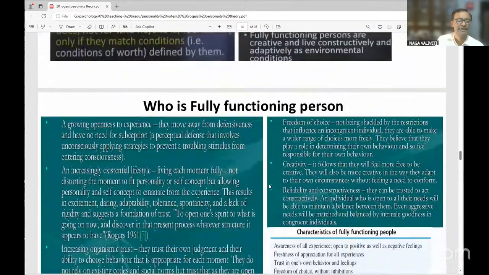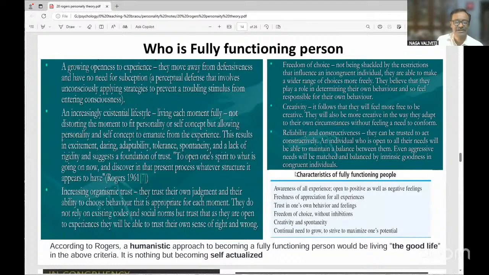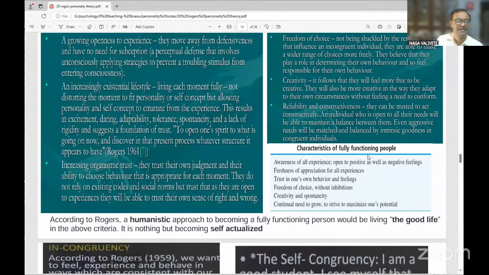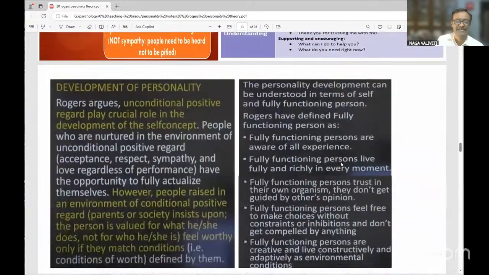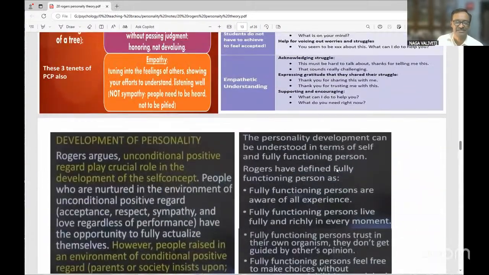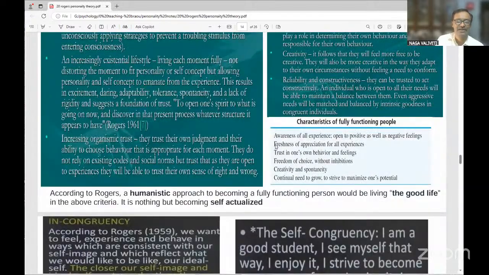Okay, coming to the fully functioning person, what are the characteristics? In brief, you become aware of all your experiences and evaluate them genuinely, authentically. It is also called authenticity. Then there is fresh openness to your experiences, you trust your behavior and feelings, and you have the freedom to change.